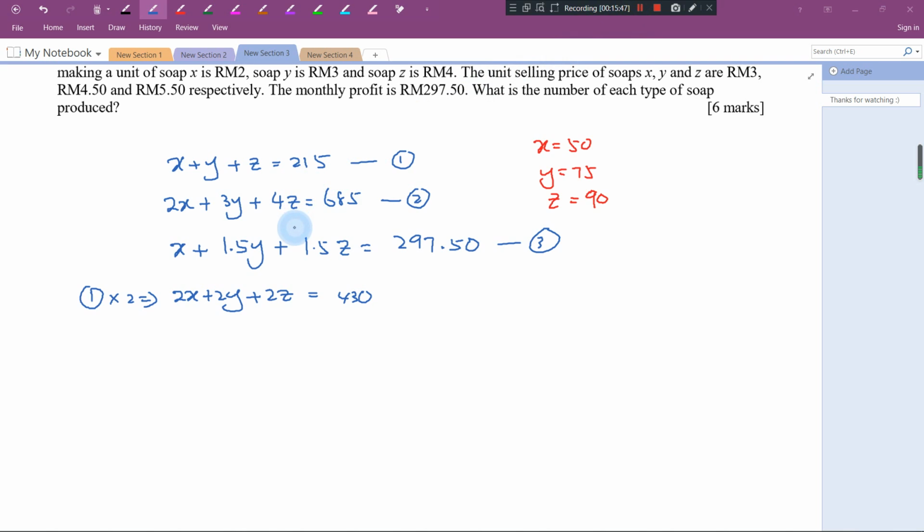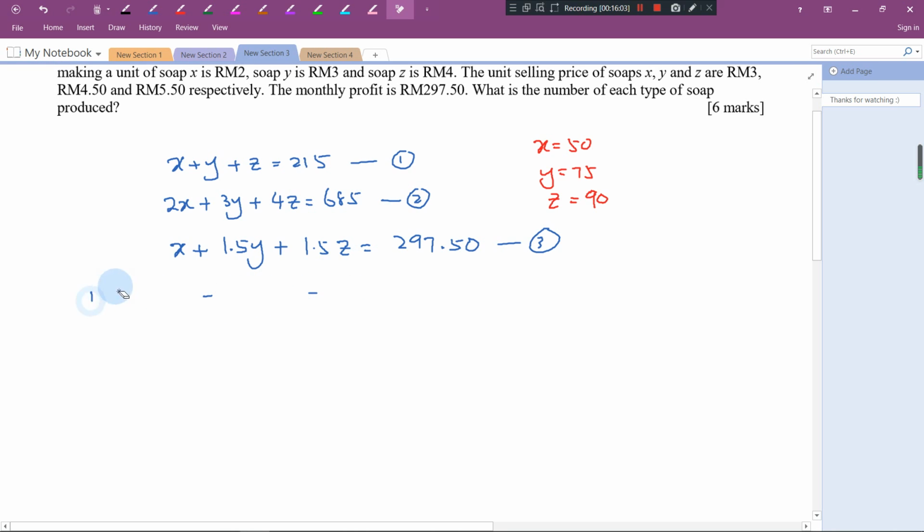I think maybe I do another way will be easier. Since this is 1.5y, 1.5z, if I times the first one with 1.5, I can eliminate the y and z altogether. Okay, let's try this method.